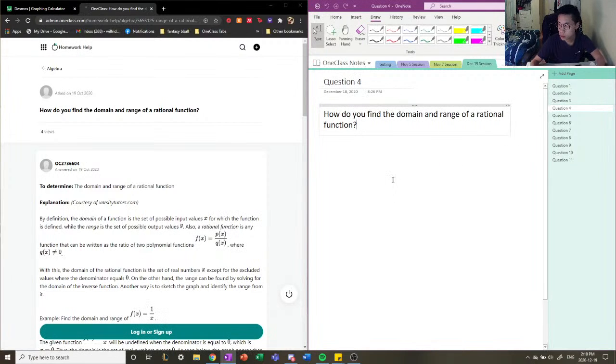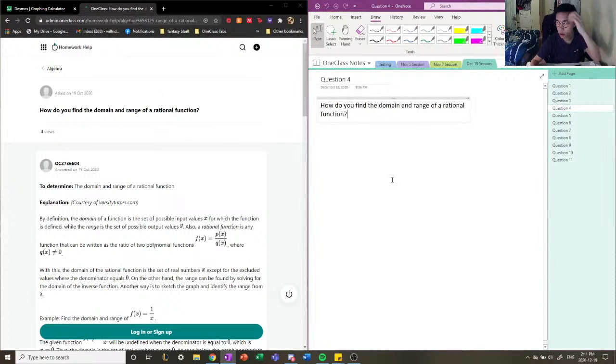All right, talking about domain and ranges, we're now going to describe the domain and range of a rational function. First of all, let's describe what a rational function is. A rational function is defined as the ratio of two different functions.